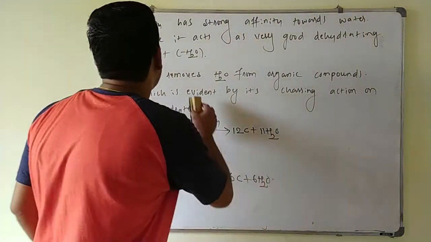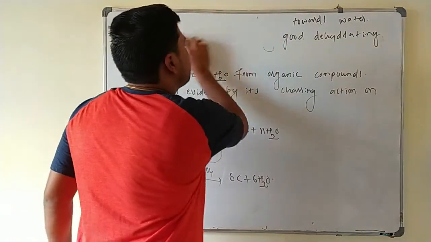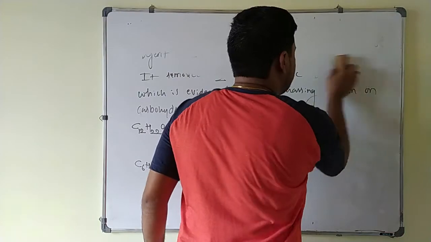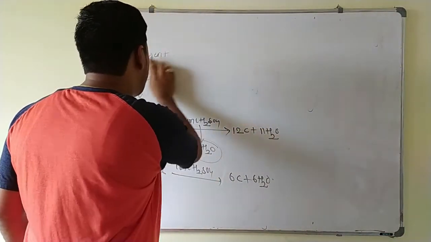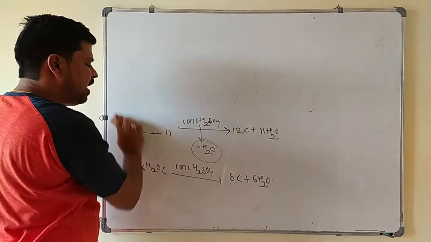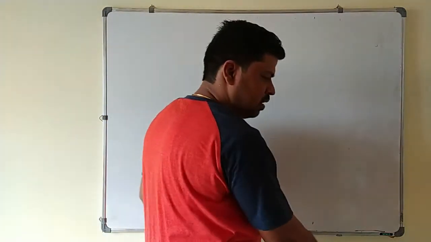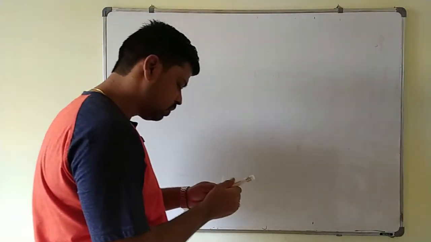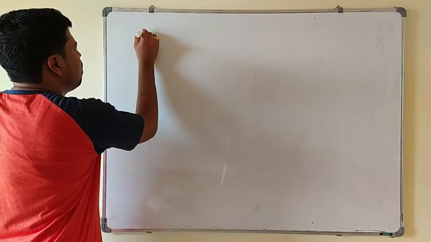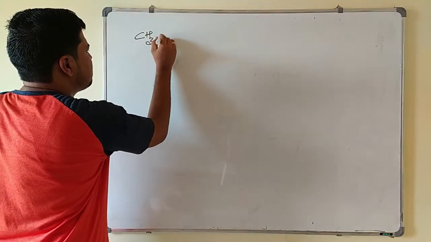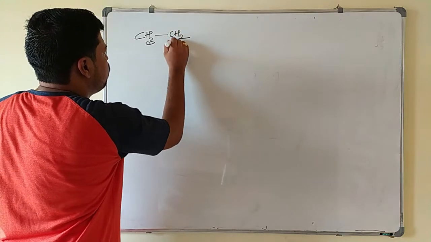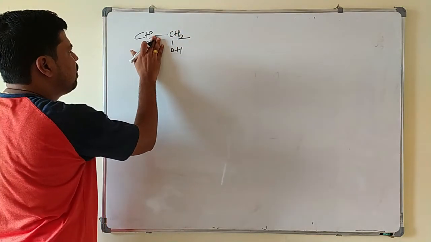In almost all organic topics you will get these reactions of concentrated H2SO4, that is the dehydrating property of concentrated H2SO4. So if I take ethanol, that is CH3CH2OH, this is ethyl alcohol I will take here.